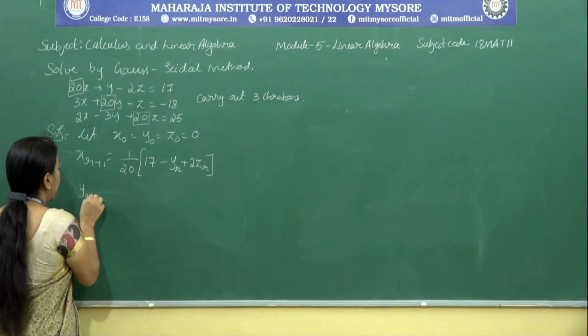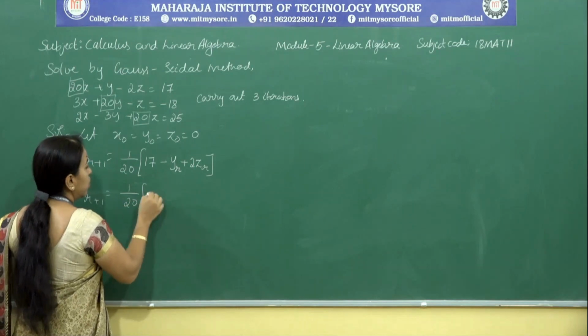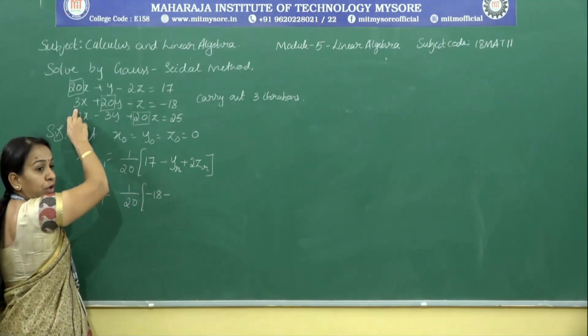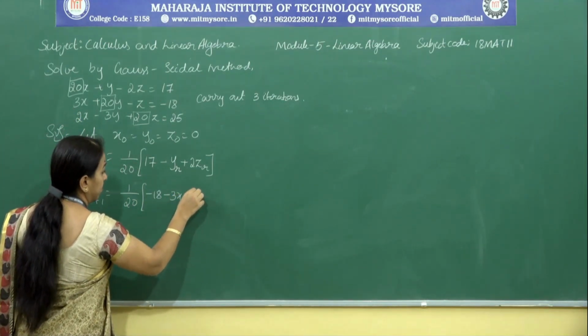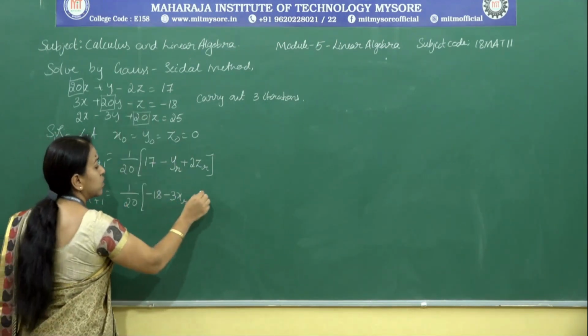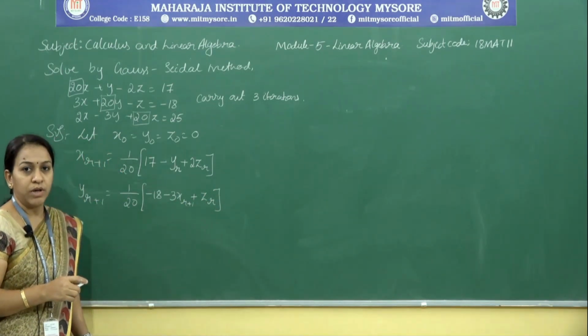Similarly, y_(r+1) is 1 by 20 again into minus 18 minus the coefficient of x, which is 3 times x_(r+1), plus, since I have minus here, it becomes plus 1 times z_r.